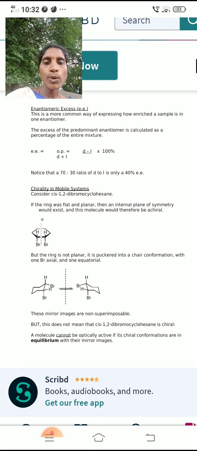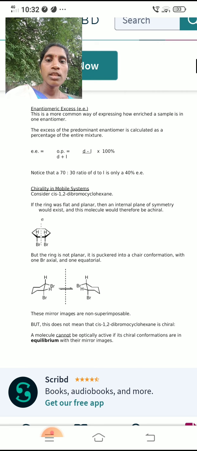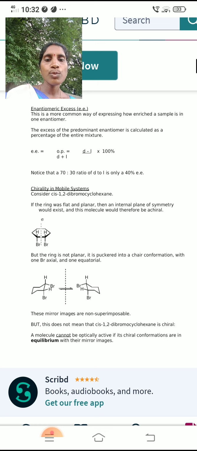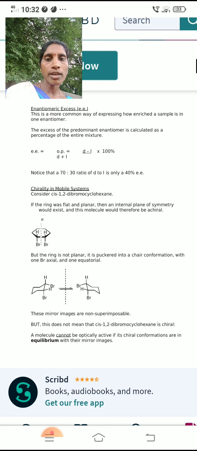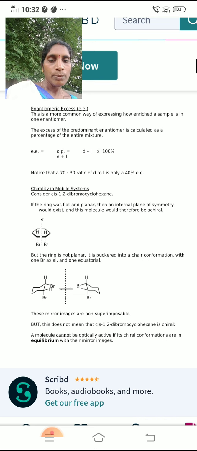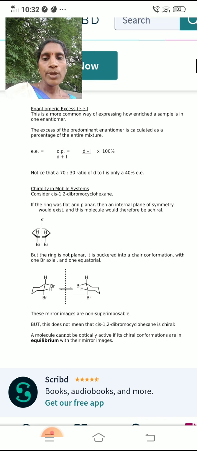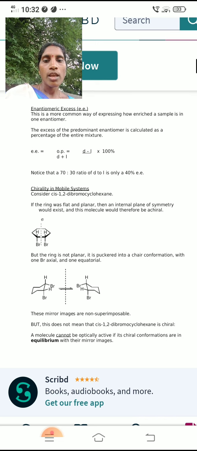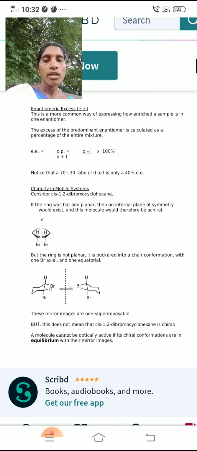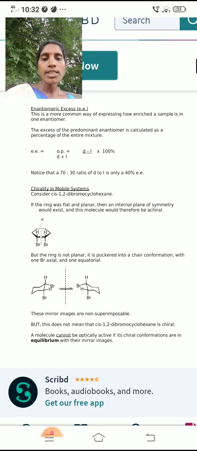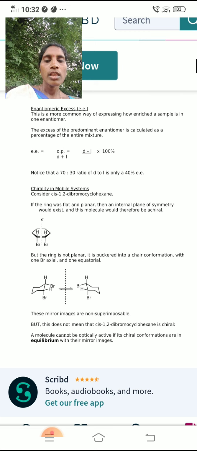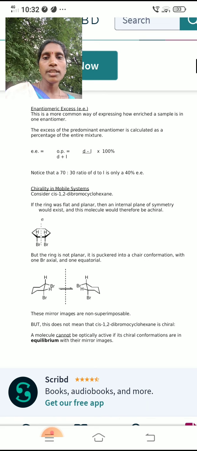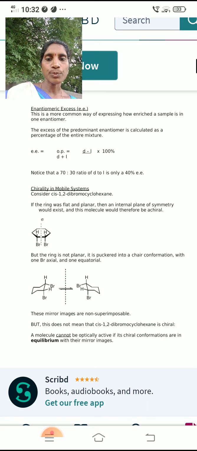If the ring was flat and planar, then an internal plane of symmetry would exist and this molecule would therefore be achiral. Here the plane of symmetry is possible, so the molecule is achiral and optically inactive.